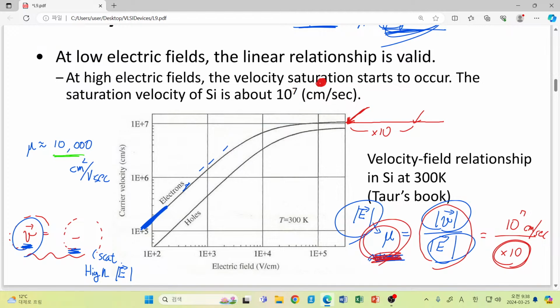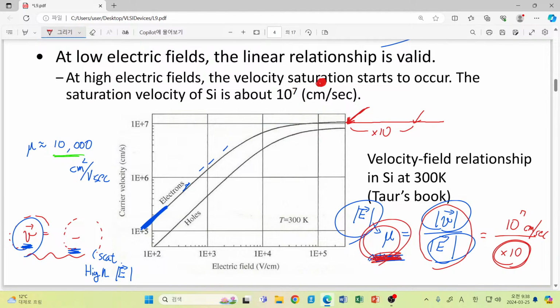So simply speaking, if we introduce this phenomenological mobility into our picture, then what we can see is, okay, if we go to high electric field, mobility drops down and it just follows the limiting form like 1 over electric field.